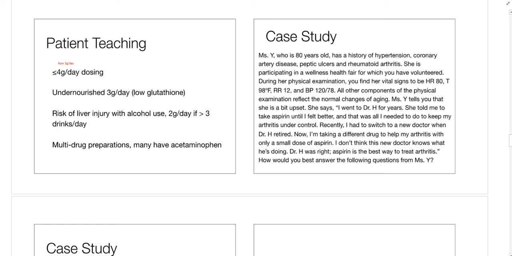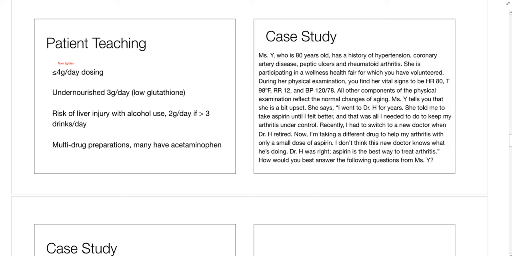We want to educate them on the risk of liver injury if they use alcohol. So if they are taking more than 3 drinks per day, I keep wanting to say grams, if they're taking more than 3 drinks per day, then limit it to probably at this point 1 gram per day of acetaminophen. We've got to figure out what these new updated drug doses are.